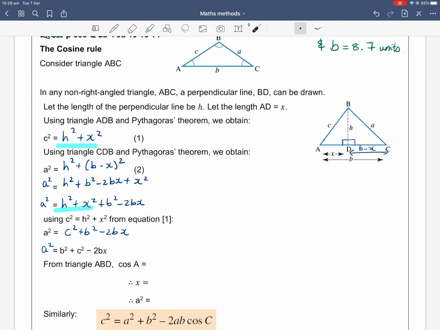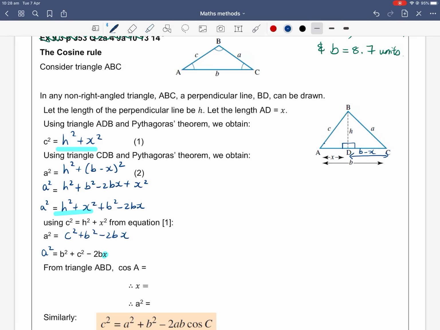So in our original triangle, we only had values in terms of a, b, and c, not x. So in this equation of 2bx, we want to find a way to replace the x with a relationship between a, b, and c. How do we do that? Well, let's focus on the left-hand side right angle triangle ABD, and focus on angle A in particular.